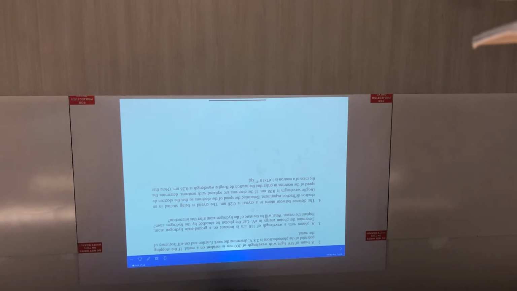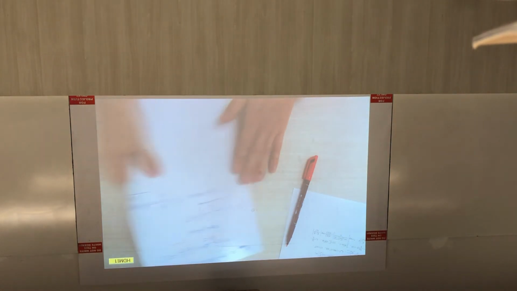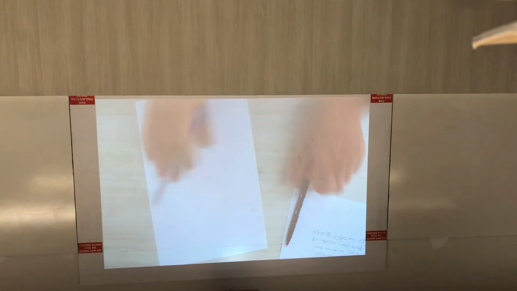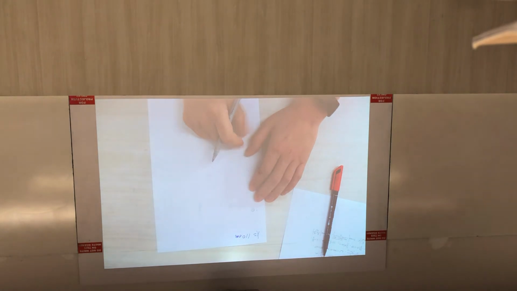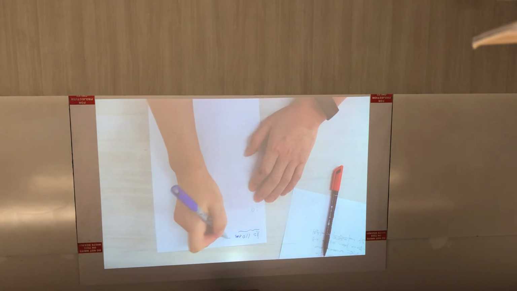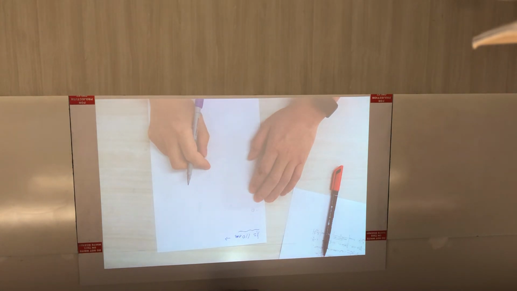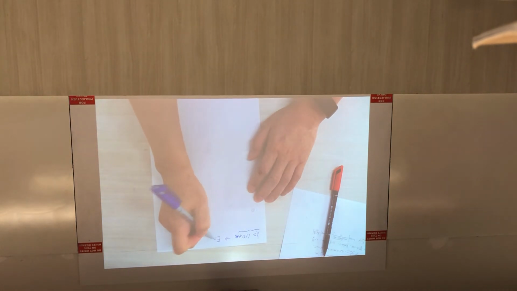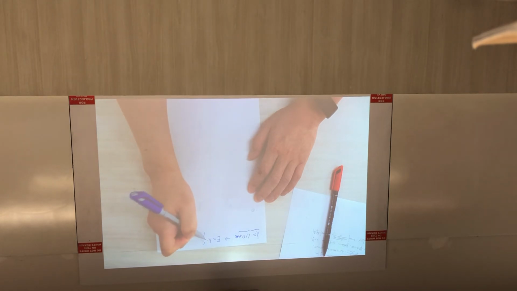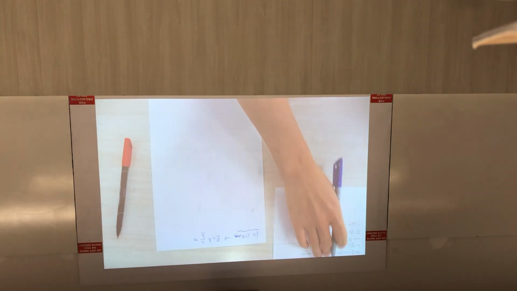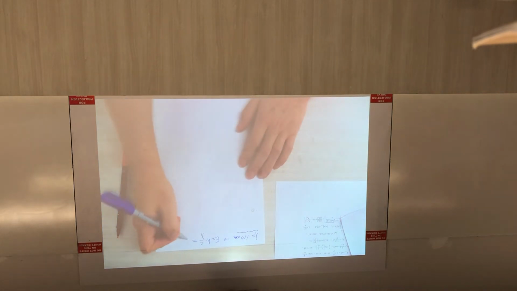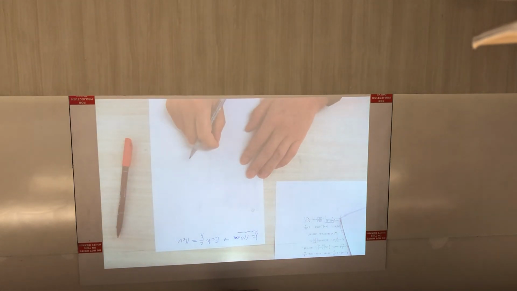So the hydrogen is exposed to this wavelength, so let's see what will happen. The photon energy is 11 electron volt.